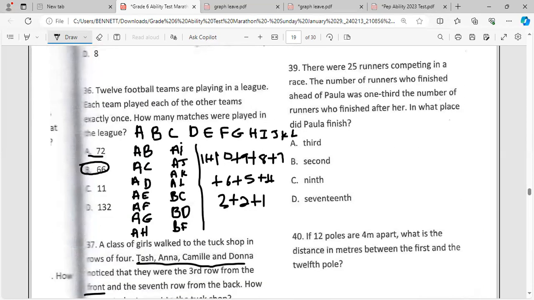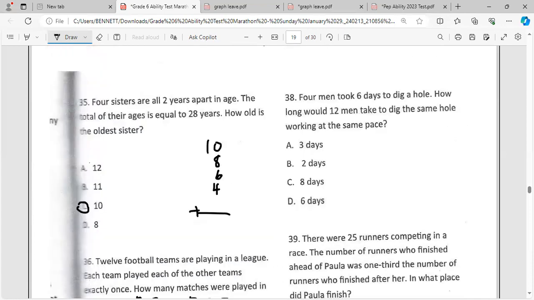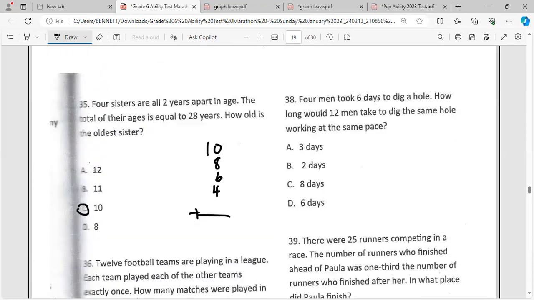I really like these questions, though. I appreciate them. Look at 38. You guys, WhatsApp your workout to me. 4 men took 6 days to dig a hole. How long would it take 12 men to dig the same hole, working at the same pace? I like that one.